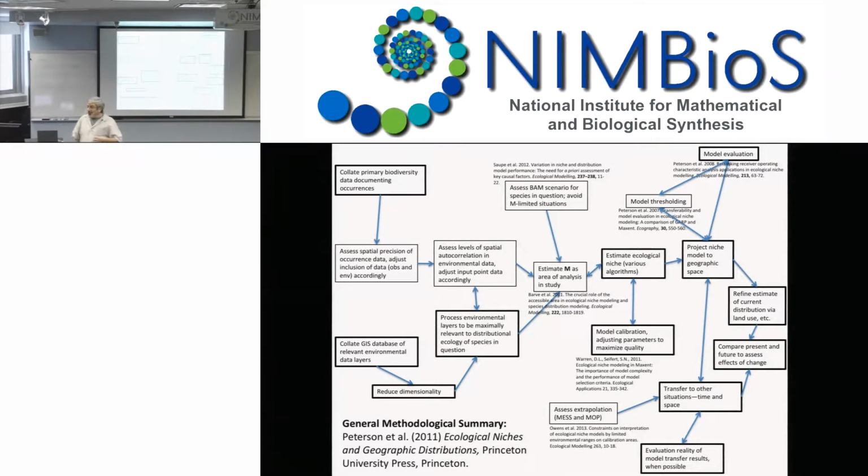And so essentially we talked very briefly about Wallacean species, right? Wallacean species are essentially impossible to do a good niche model for, whereas Hutchinsonian species are quite feasible. So you kind of have to think about, at the extent and at the grain that I'm interested in working, what does my BAM diagram look like? Which is to say, are there accessible sites that are not used by the species?